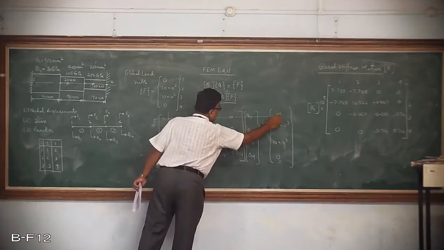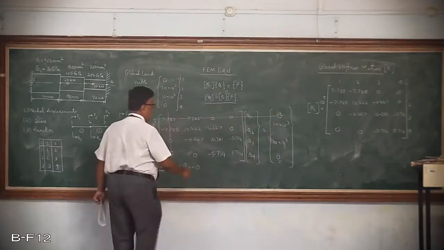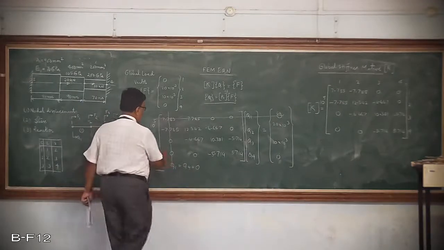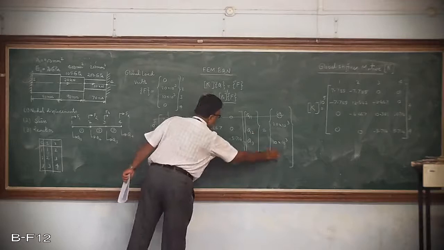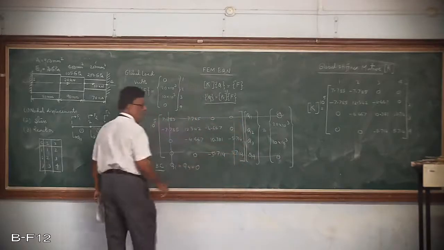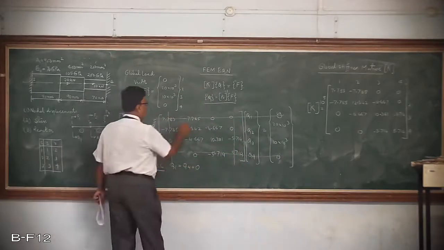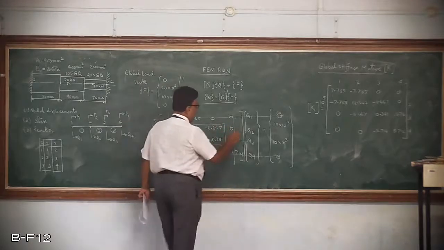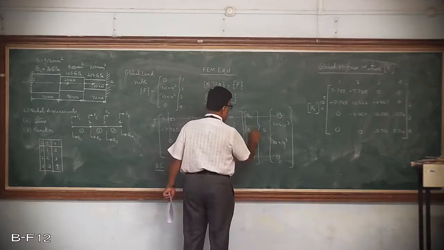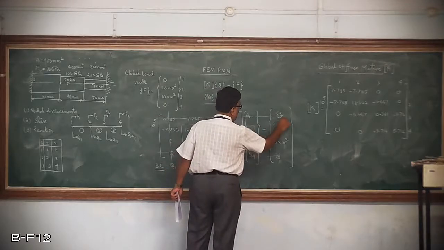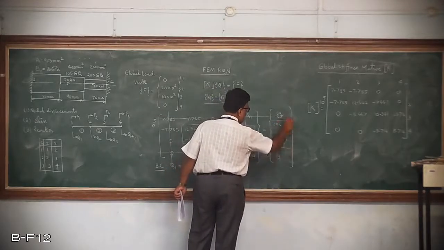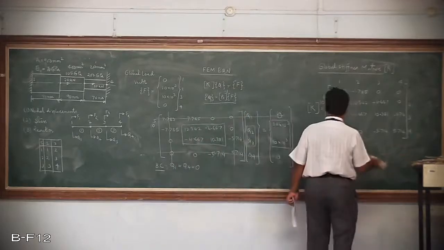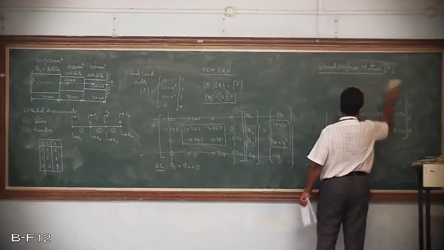Similarly, since the fourth node is also fixed, the fourth row and fourth column are also eliminated. So what is left for us is this much, and these 2 degrees of freedom are left now, and these 2 global nodes are left here. So let us rewrite this now, the reduced matrix, before we solve the equations.